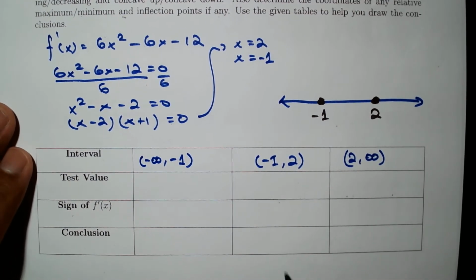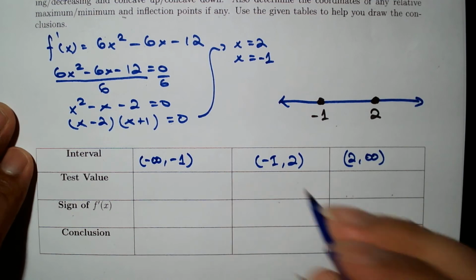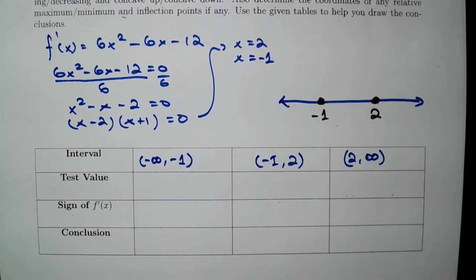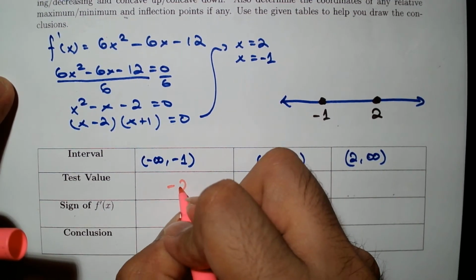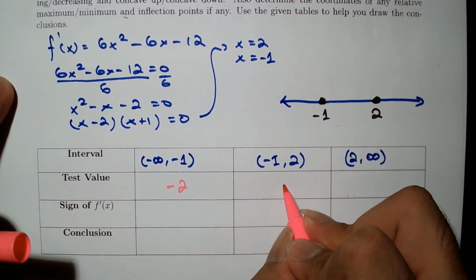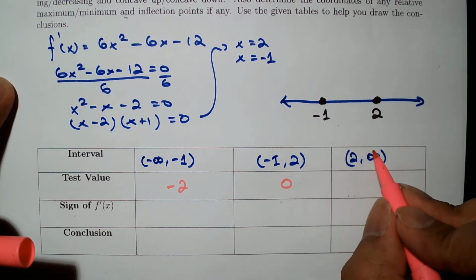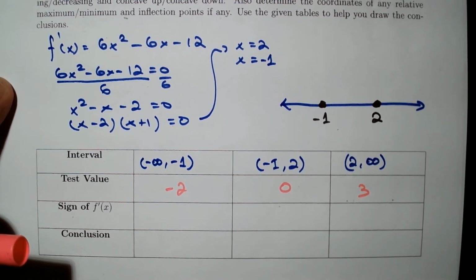So I'm going to choose any value. In the first interval, I'm going to choose the value negative 2. In the middle interval, I'm going to choose the easiest number, which is 0. That'll simplify the calculations a lot. And then I'm going to choose the number 3 over here.